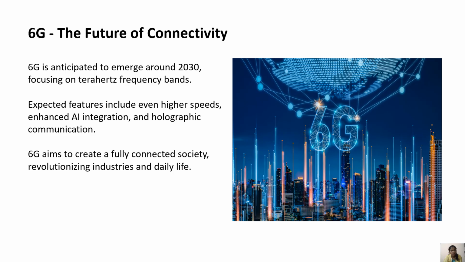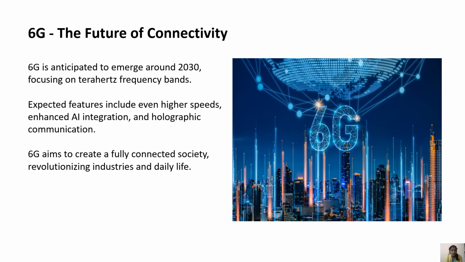And the next is 6G, that is the future of connectivity. 6G is anticipated to emerge around 2030. Still, it has not been introduced in society. It may be introduced in 2030, focusing on terahertz frequency bands.